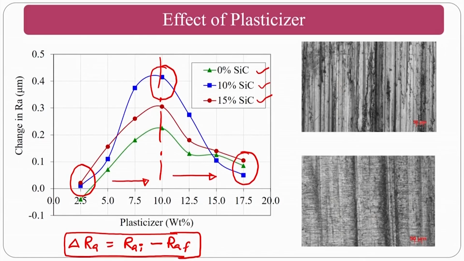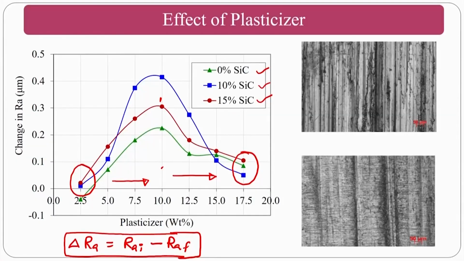The same thing happens on the other side. At 17.5, you will have ample plasticizer, softeners and other things. So your medium is so low in viscosity that it will simply flow on top of the surface.